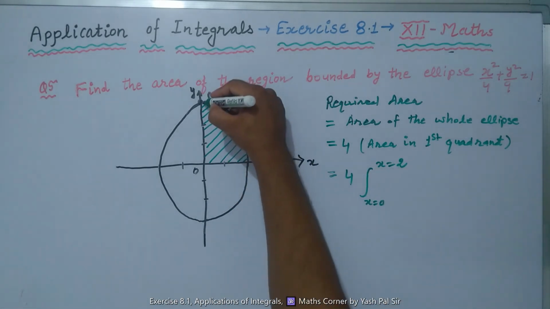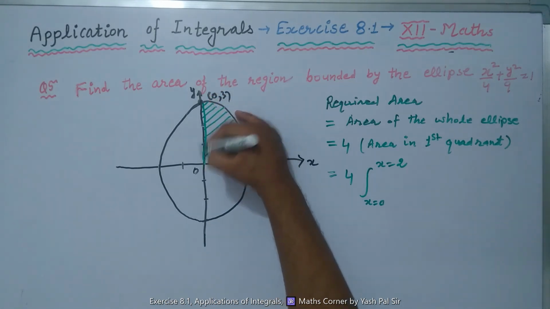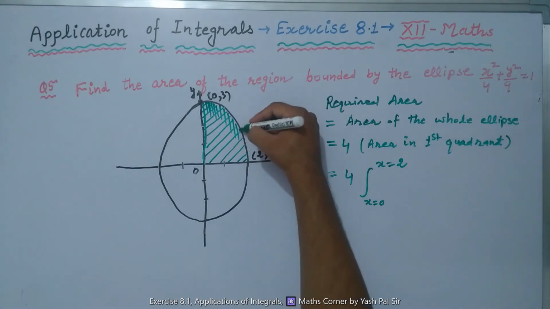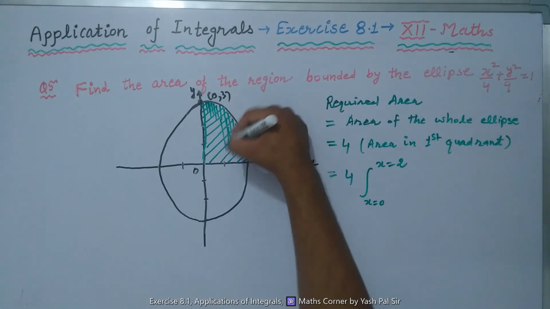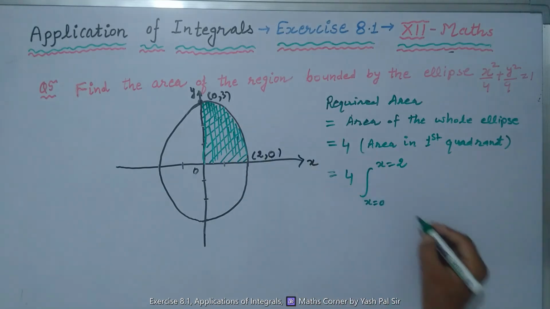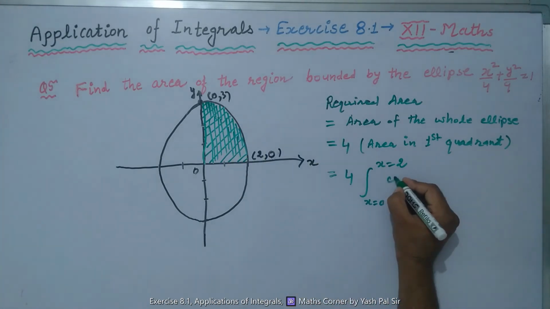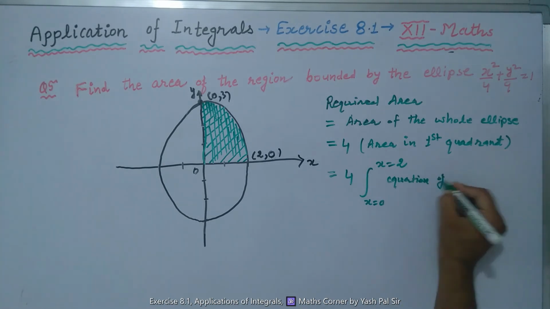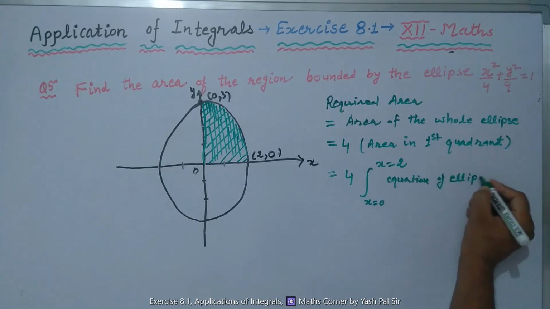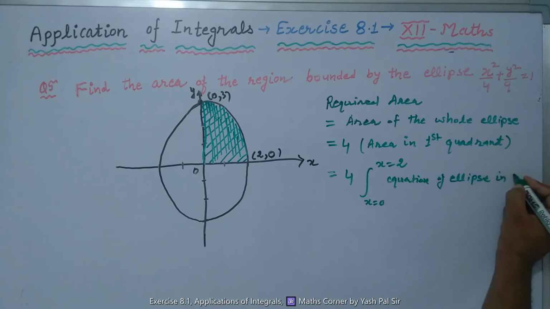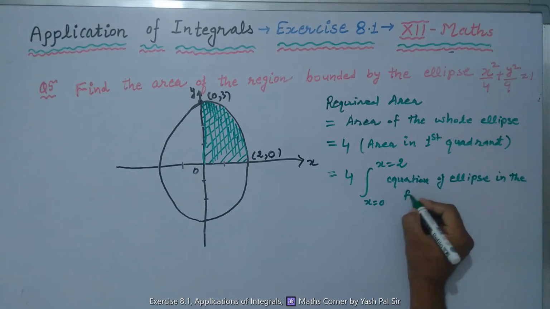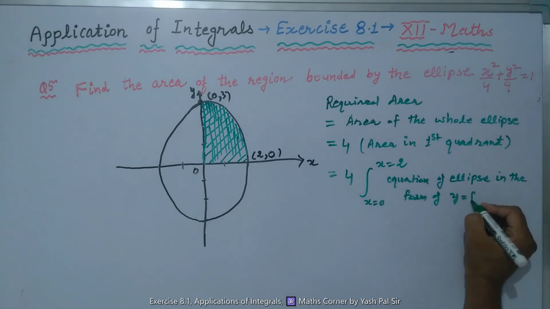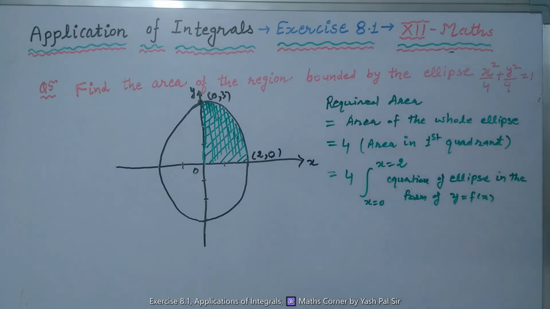Okay, so the area under the ellipse up to the x-axis. So the equation of the ellipse in the form of y is equal to f of x, right?